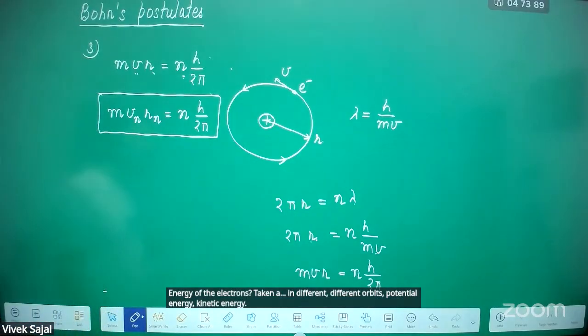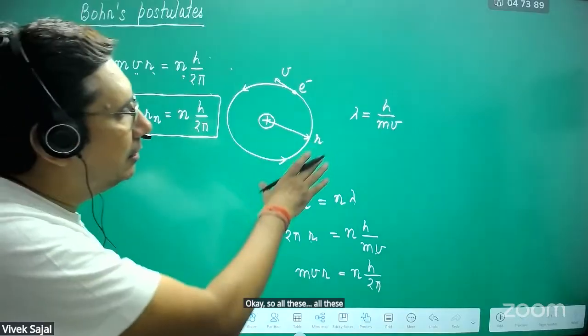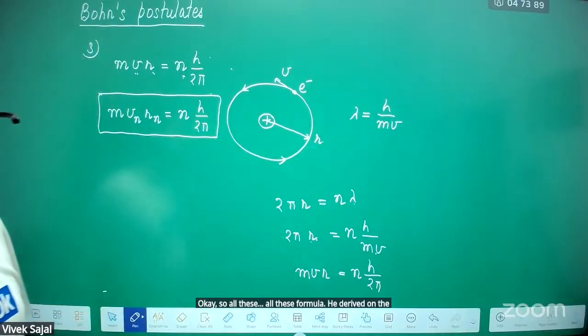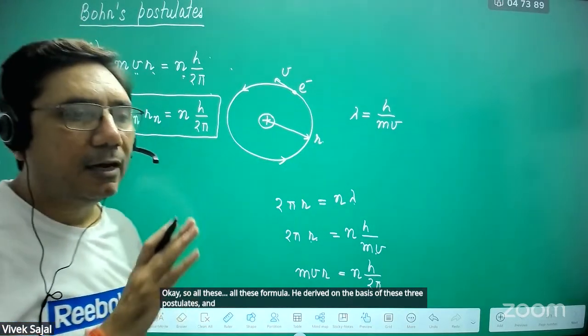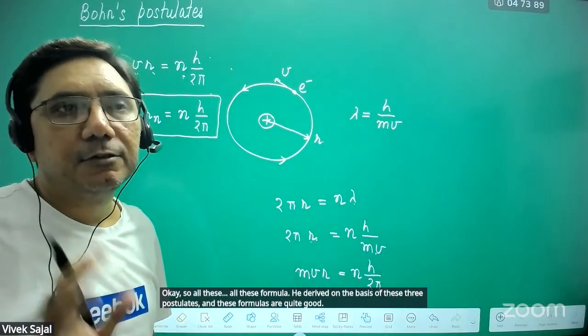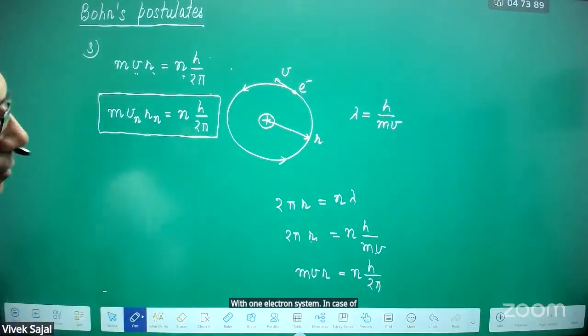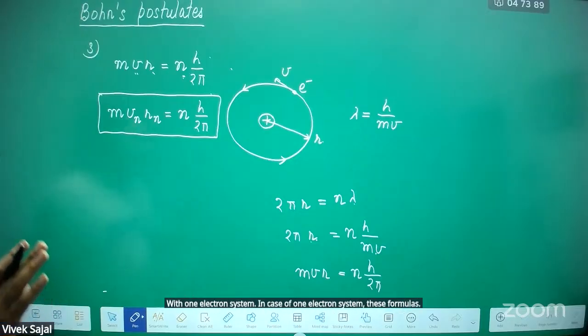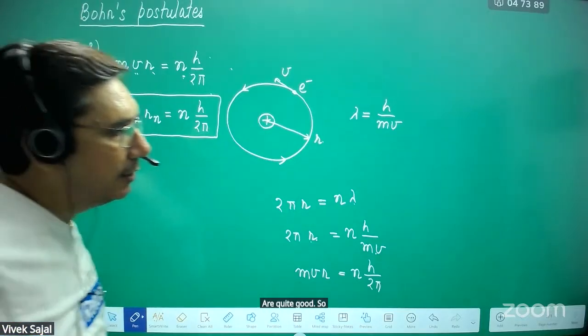So all these formulas he derived on the basis of these three postulates, and these formulas are quite good for a one electron system.